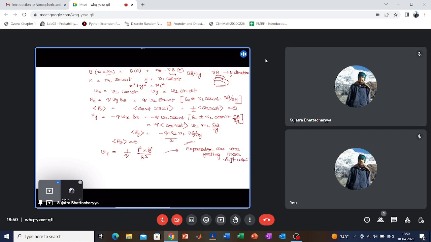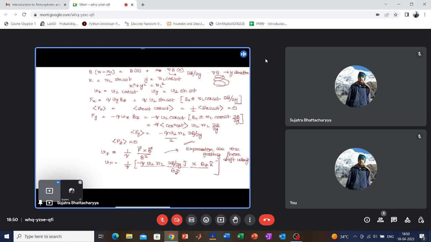Remember, it is E cross B by B squared. So E can be written as F by q, and it only has the y component. So V_f will be equal to 1 by q times minus q V perpendicular R_L delta B by delta y, divided by 2, in the j cap, cross B_z, which is in the k cap, divided by B squared, or B_z squared, whatever you write.